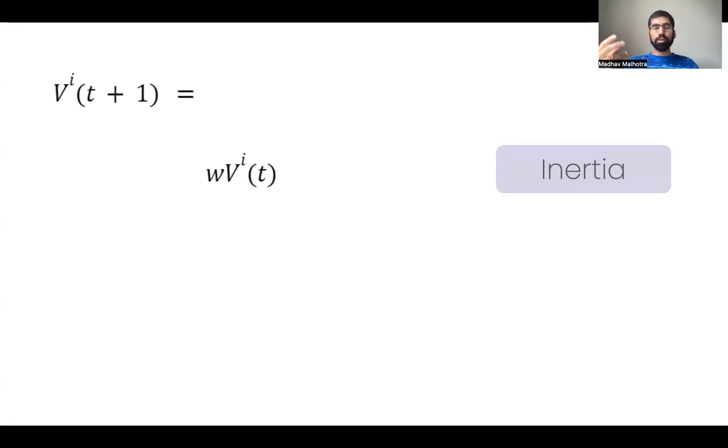And this effect is more pronounced when the weight W of the particle or the fish is higher. So W is just some real number between 0 and 1. And this is the fish's or the particle's prior velocity. So that's one component of how we update the velocity. Some of the new velocity is based on some of the old velocity.